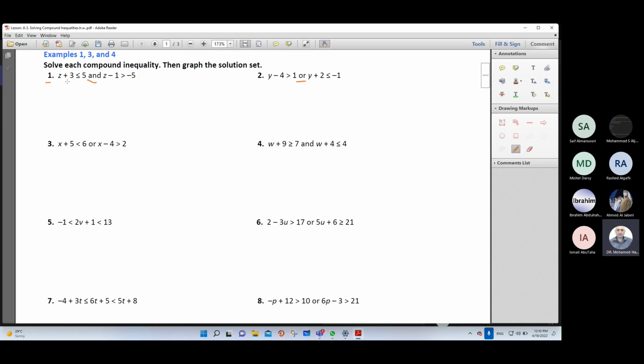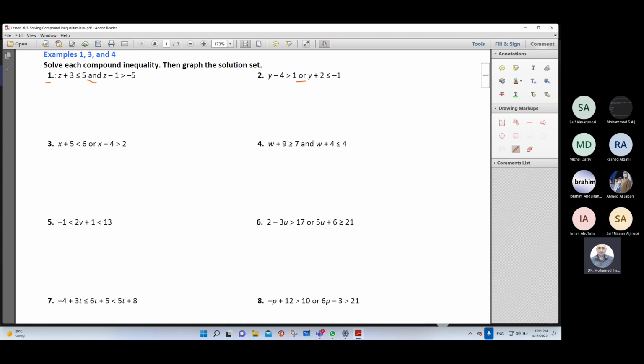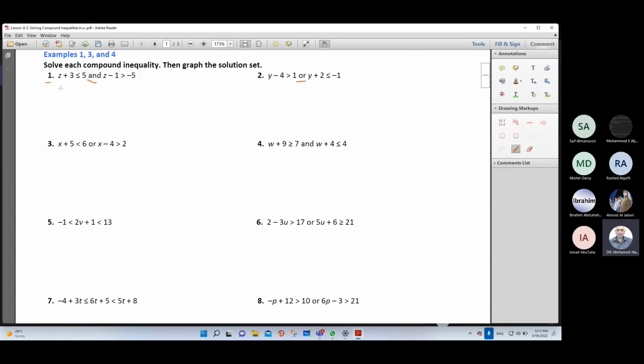So in the first example here, the first inequality, z plus 3 less than or equal to 5. Always remember, when you want to solve the inequality, try to keep the variable alone on one side. Then try to remove the number. How to remove the number? Add the inverse. The inverse of plus 3 is minus 3.